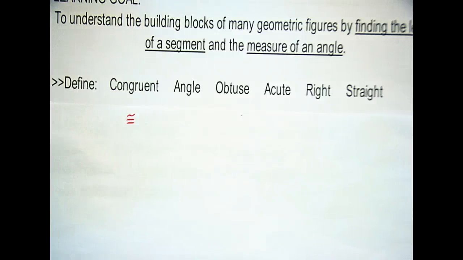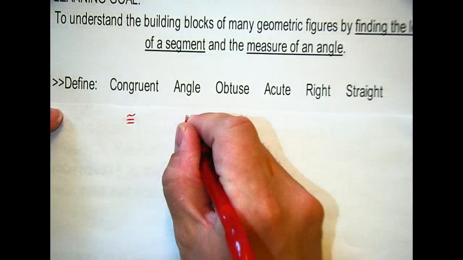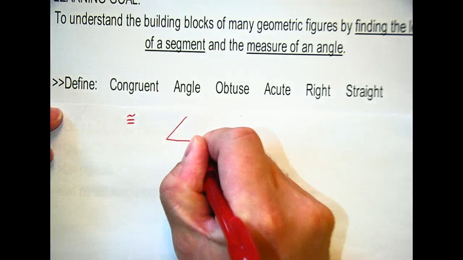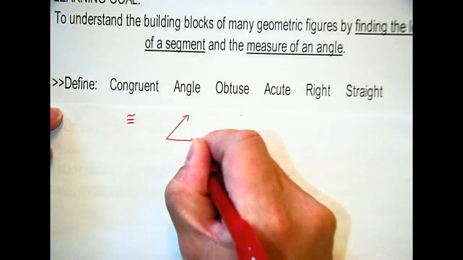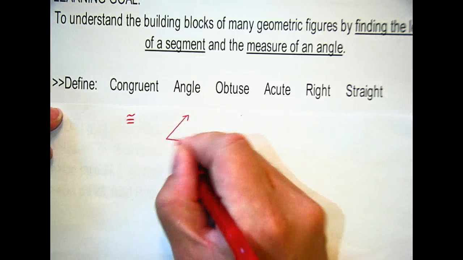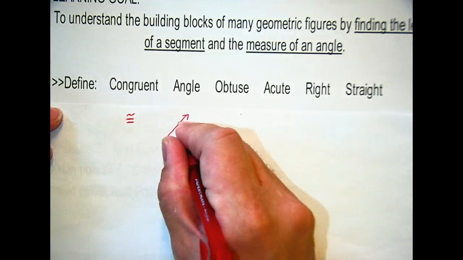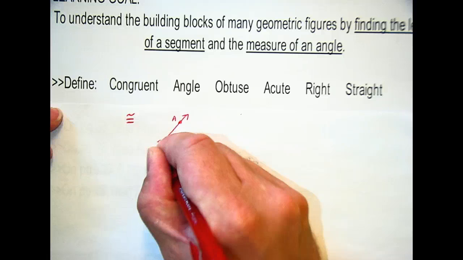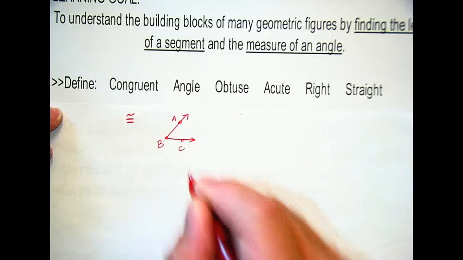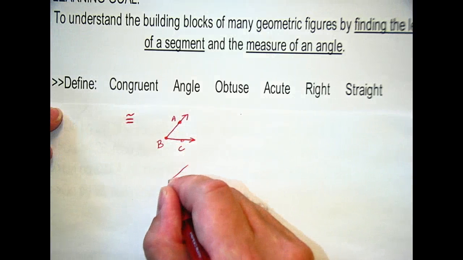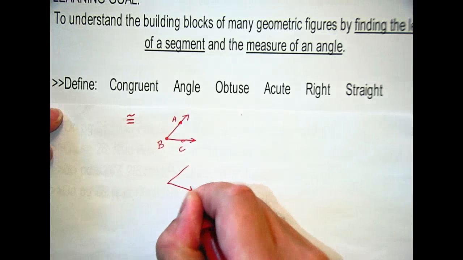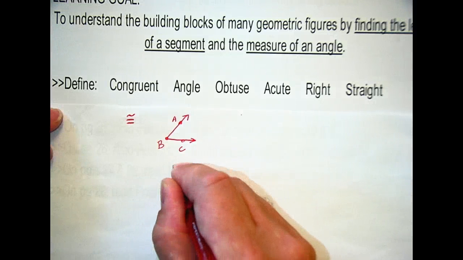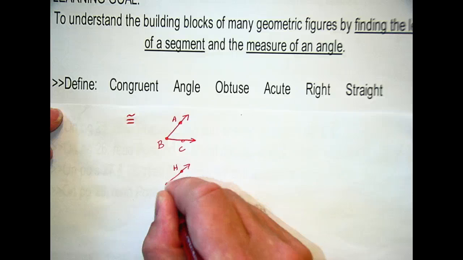Okay, so if, for instance, two angles, an angle would be two rays that are connected. Okay, so if an angle, say, let's call this one angle ABC, and we'll go with another angle here. We'll call it angle HIJ.